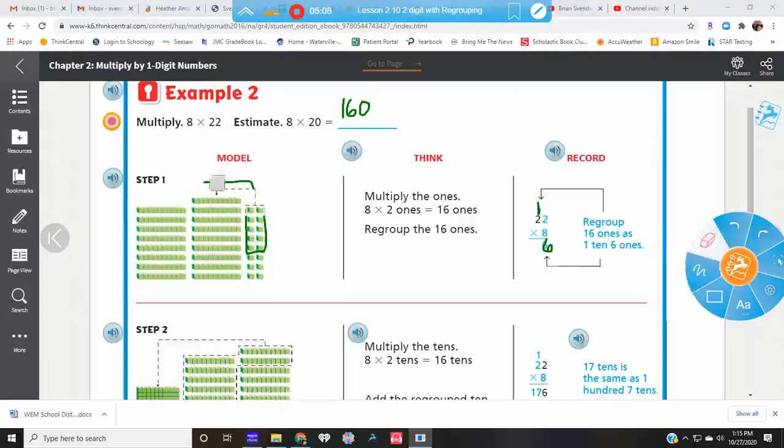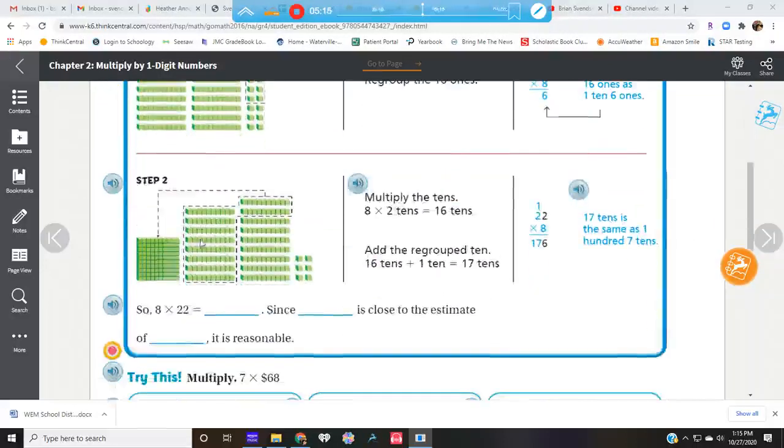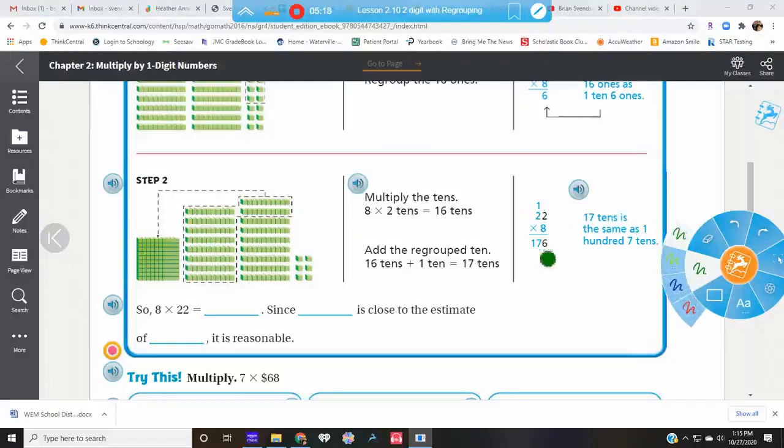So now we are going to move on to our next set of numbers. We have 8 times 2, but really it's 8 times 20. So here's our 20.